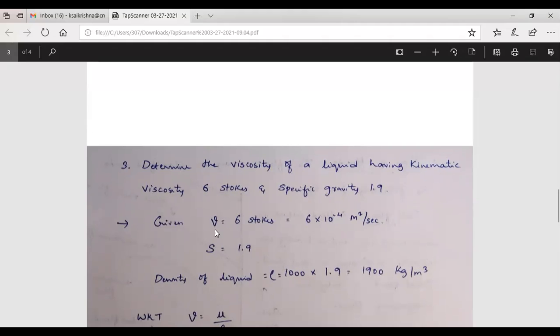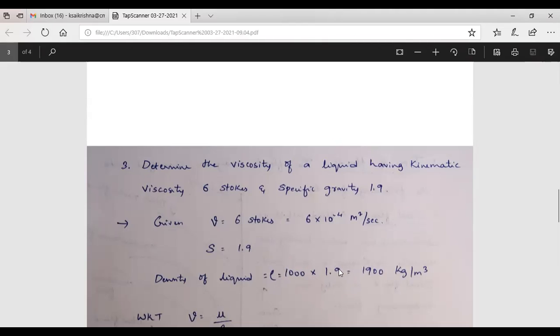Please write down here: S equals 1.9, which is equal to density of liquid by density of water. So from that, we have to find the density of liquid. Density of liquid equals S into density of water.